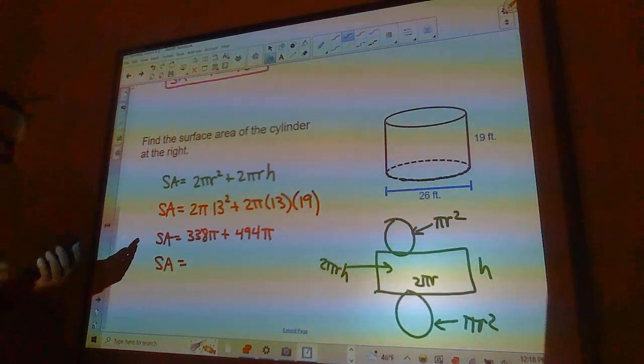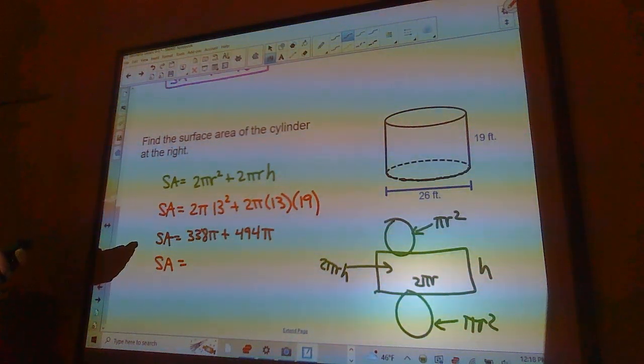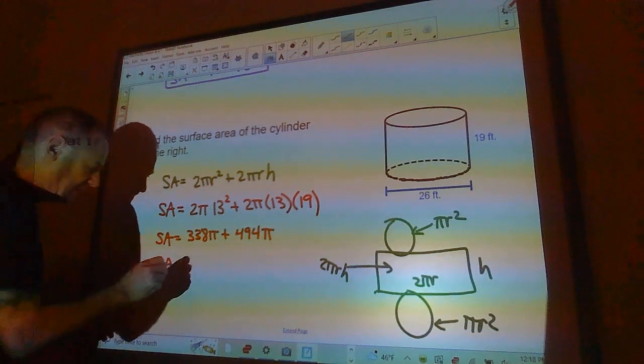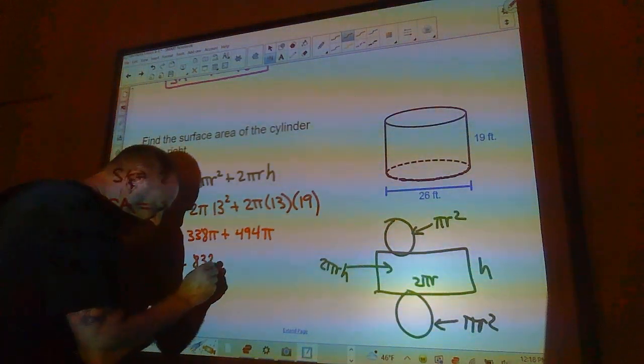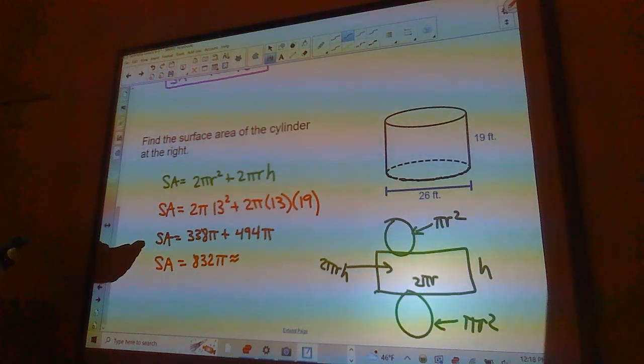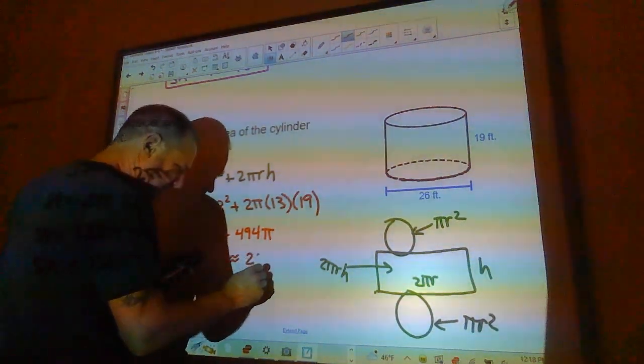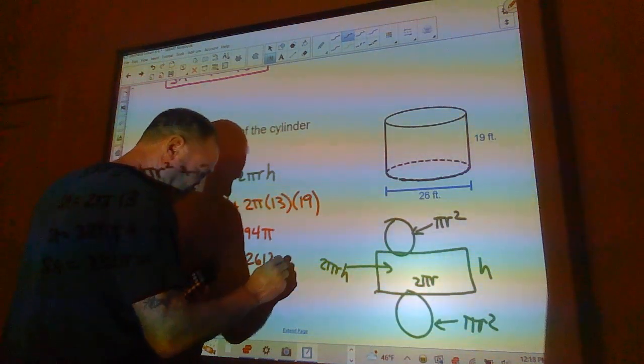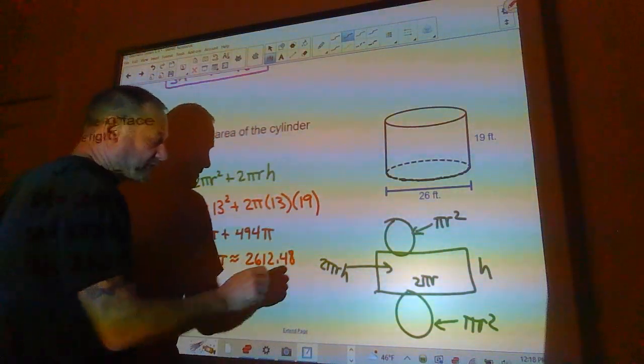Then we add those together. 494 plus 338 is 832 pi, which is approximately 2,612.48, and that's in square feet.